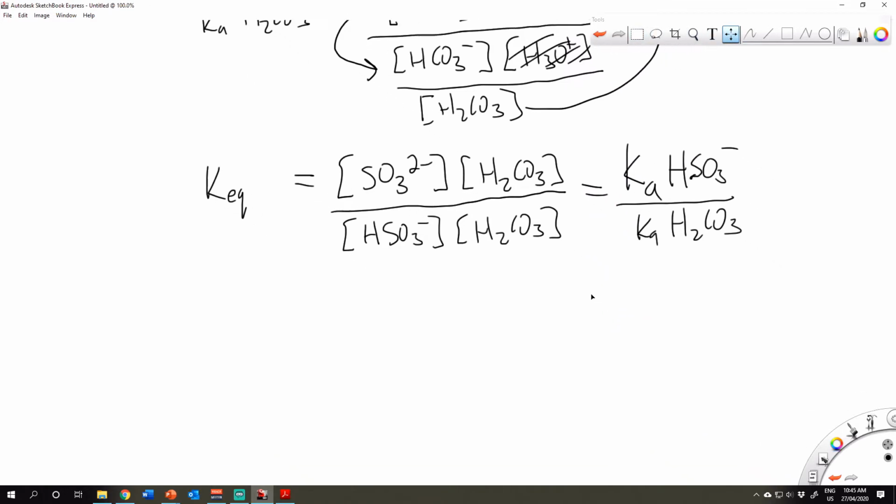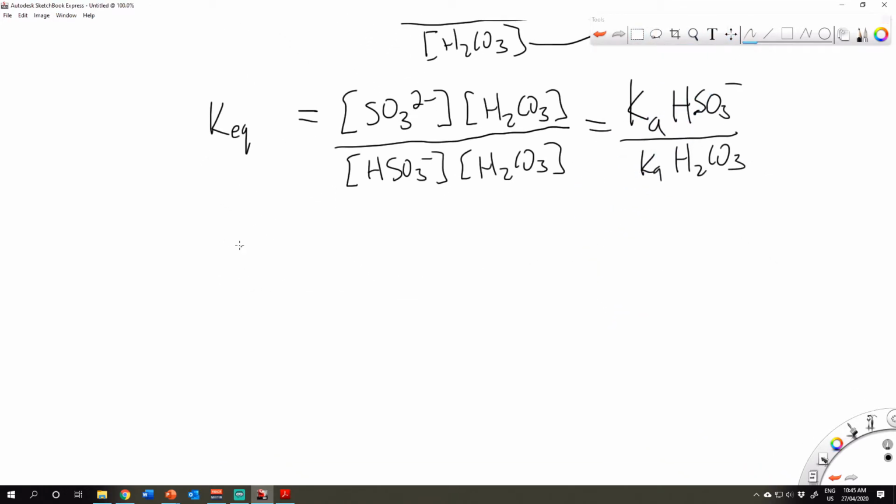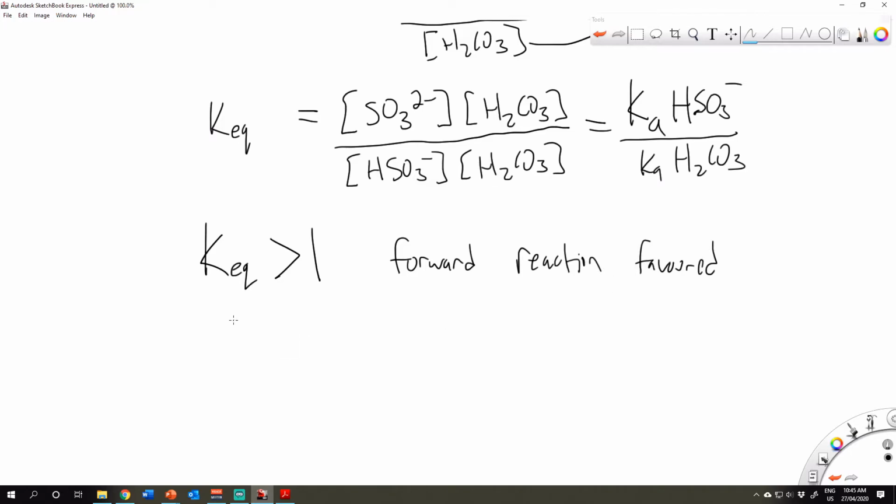Well, if you remember from our dynamic equilibrium unit, if KEQ is greater than 1, then the forward reaction is favored, and if KEQ is less than 1, then the reverse reaction is favored.